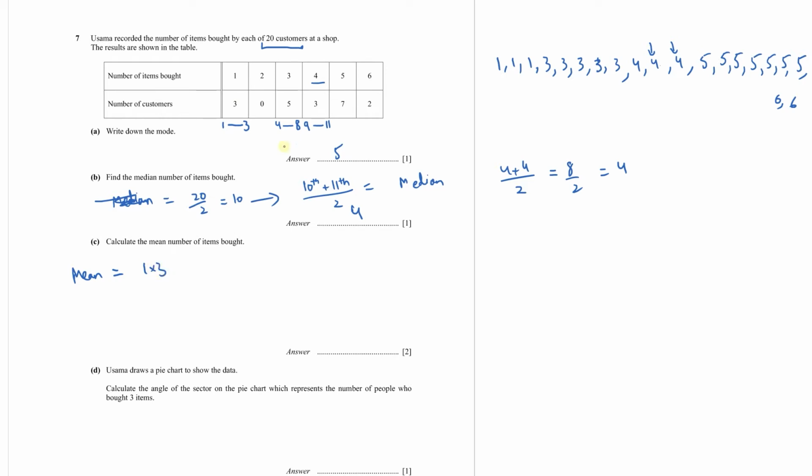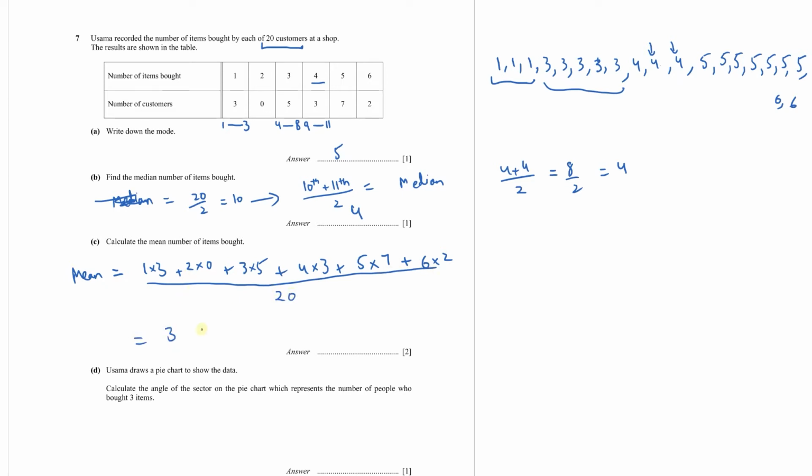So 1 times 3, then 2 times 0, which is 0, plus 3 times 5, plus 4 times 3, plus 5 times 7, plus 6 times 2, and then the whole divided by 20.